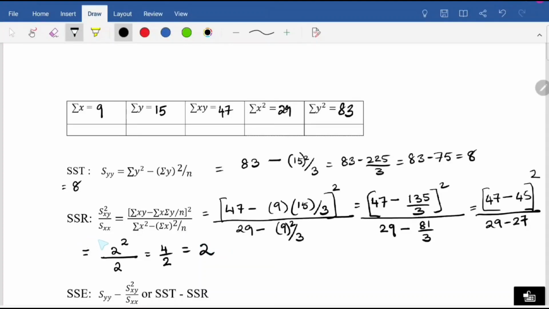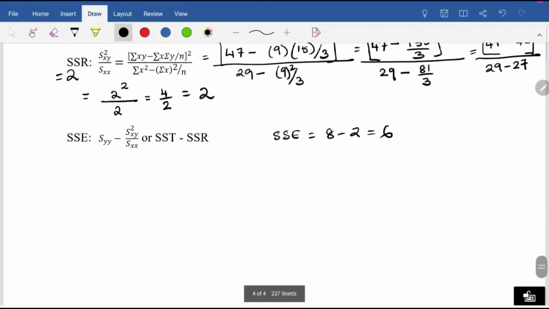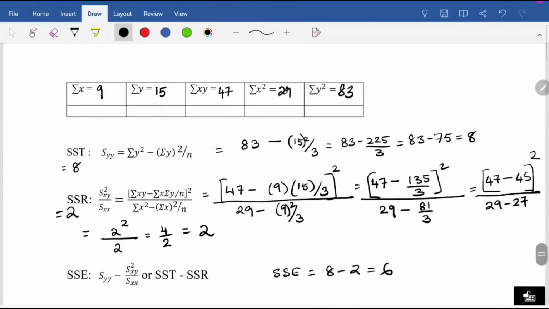And that's the exact value we got finding the SSR using the defining formula. So SSR is also equal to 2. And for SSE, you can just subtract 2 from 8. Use the identity, so SSE is going to be 8 minus 2, which is equal to 6. So this is how you use the computing formula.